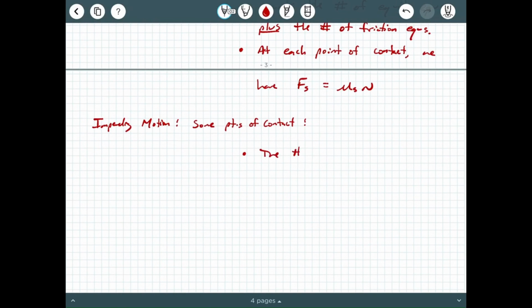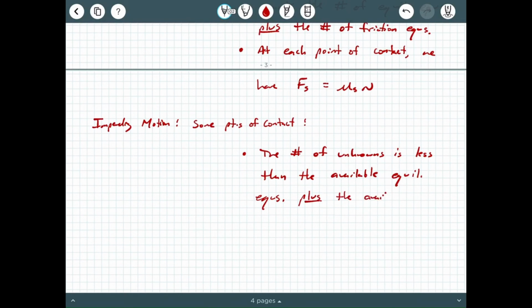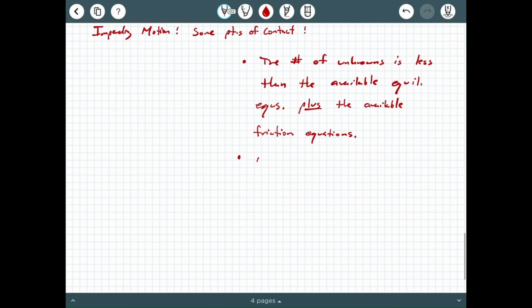Okay, now in this case, we're going to say the number of unknowns is less than the available equilibrium equations plus the available friction equations.